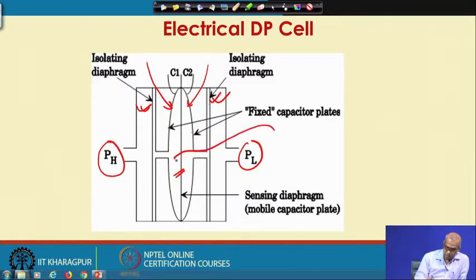This part is full of a non-conducting oil which will work as dielectric medium. So, this is the high pressure source. This sensing diaphragm will deflect in this direction.